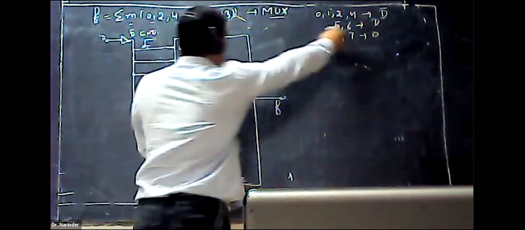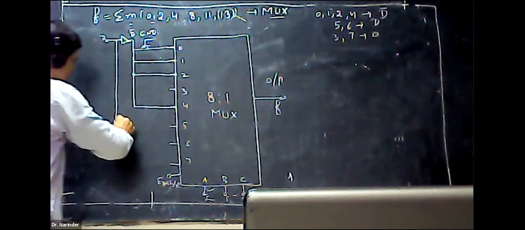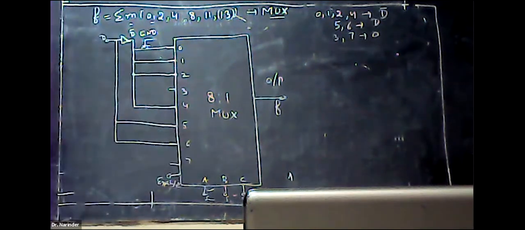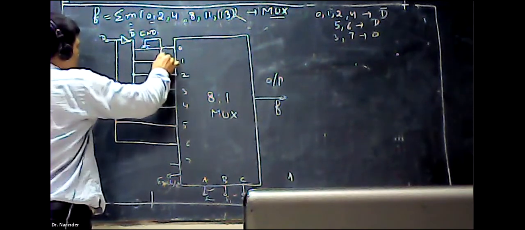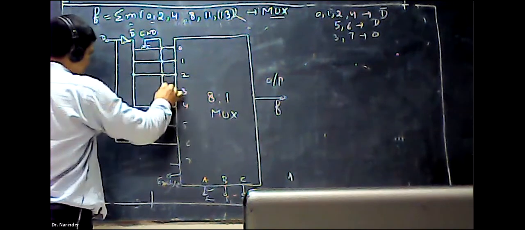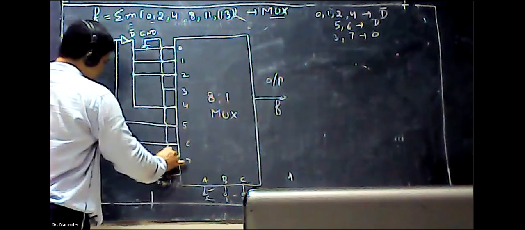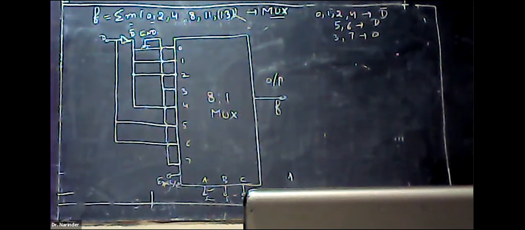D is connected to the 5th and 6th pins. 0 is connected to the 3rd and 7th pins.